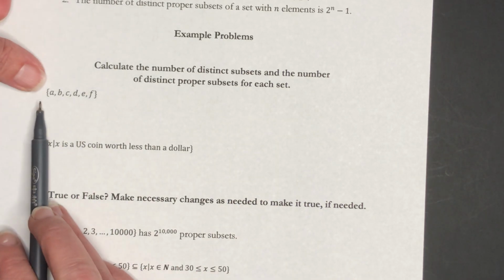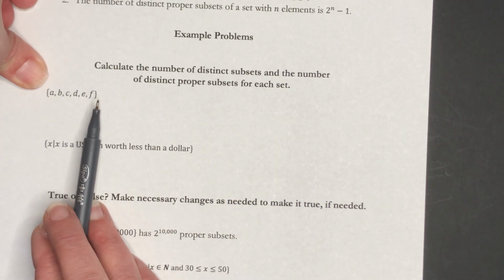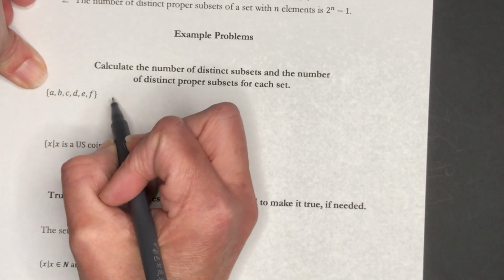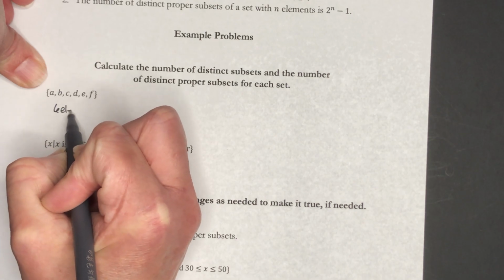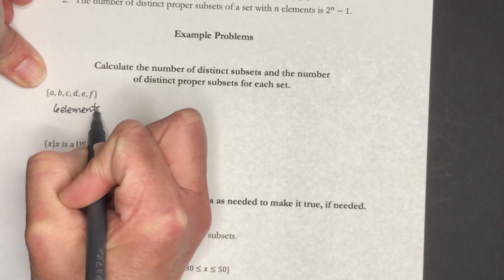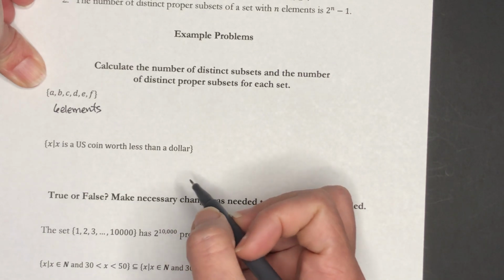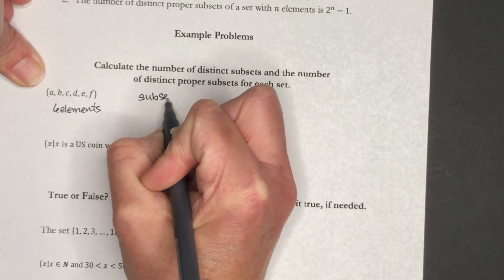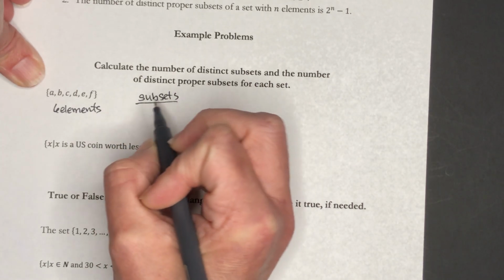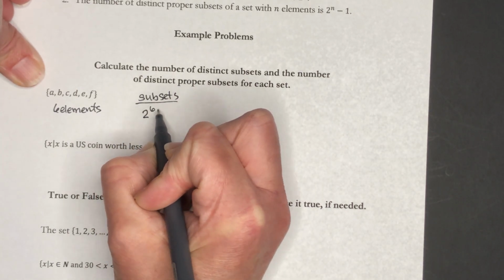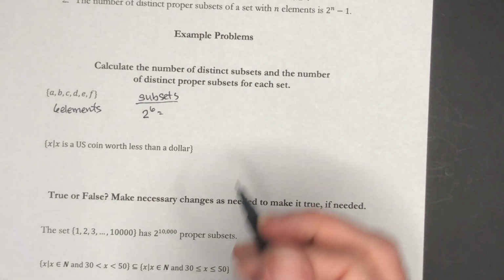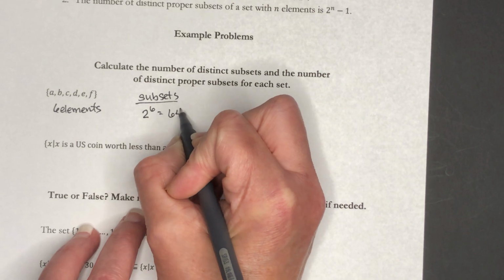All right, so if I have A, B, C, D, E, F, how many elements do I have? I have 6 elements. So what that means is if I want the number of subsets, I need to figure out 2 to the 6th power and go to a calculator. 2 to the 6th power is 64.